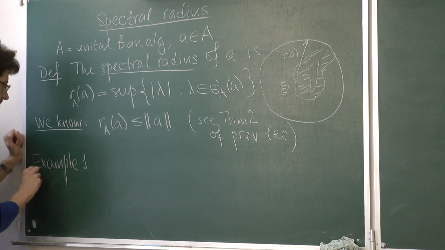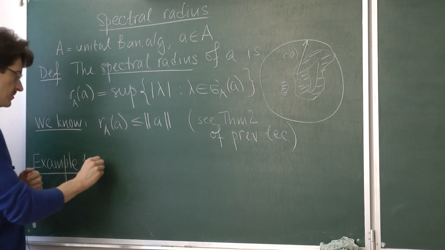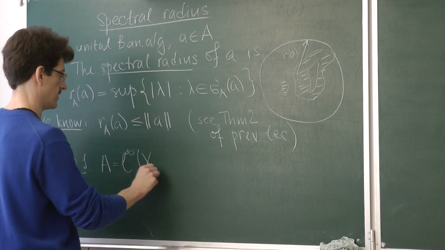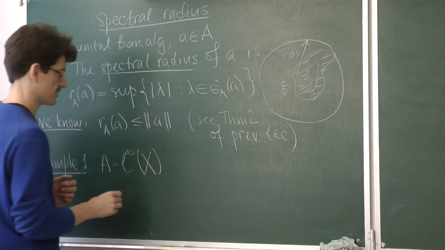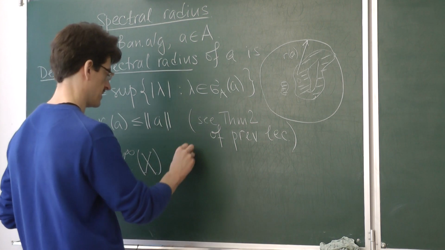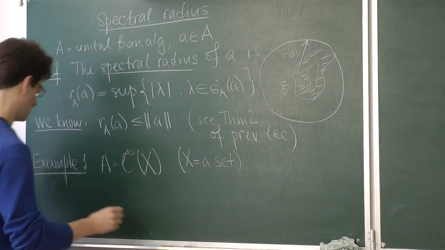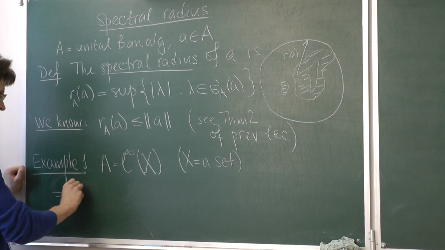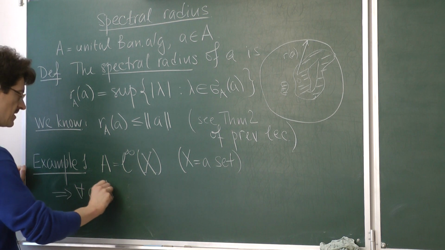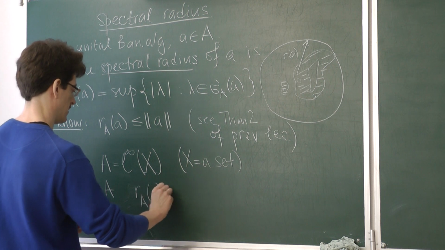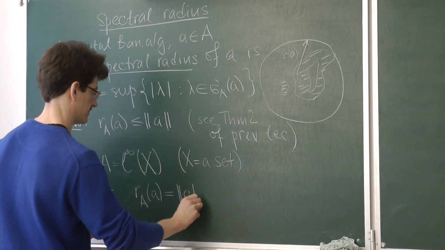Example 1. Suppose that A is the algebra little l infinity of X, the algebra of bounded functions on any set X. Then for each element of this algebra, the spectral radius equals the norm.